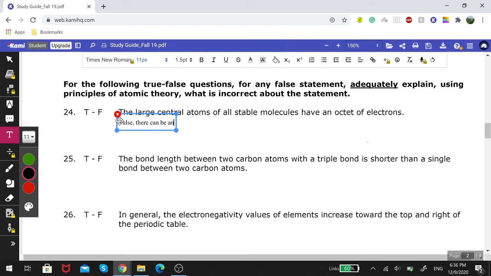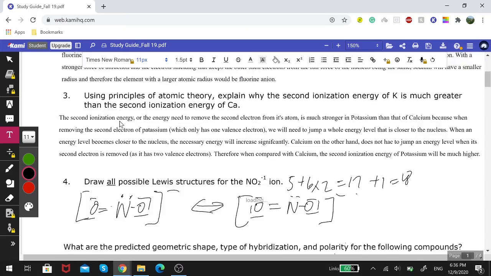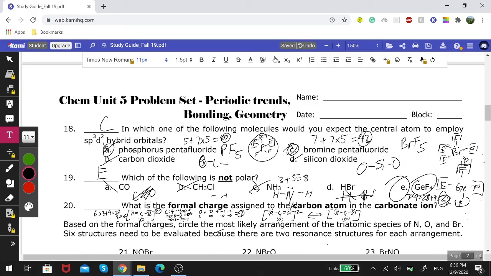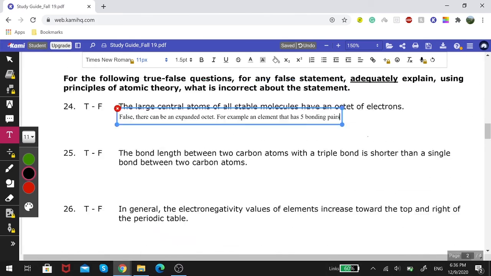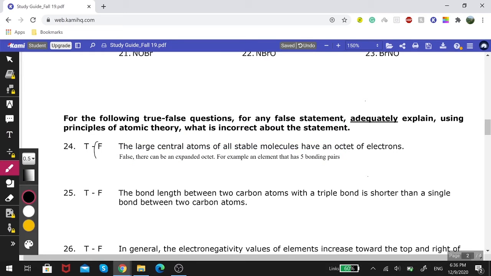There can be an expanded octet, for example an element that has 5 bonding pairs. We saw many examples up there, like PF5, etc. All of these have an expanded octet. So this is 100% false.